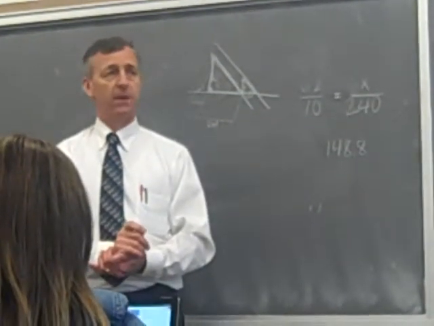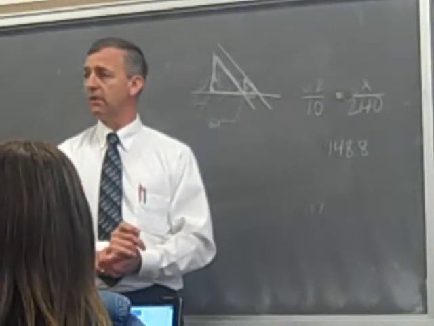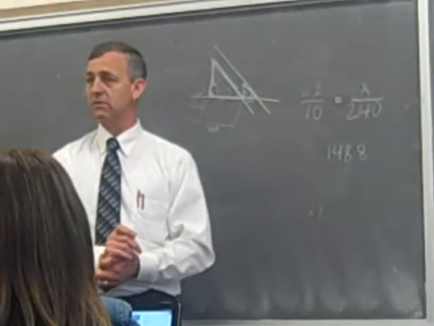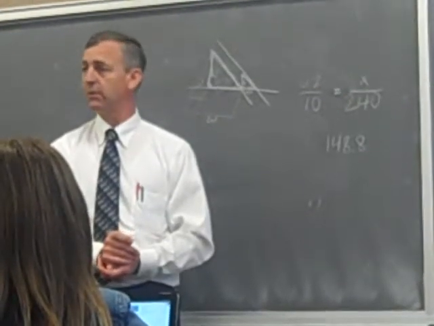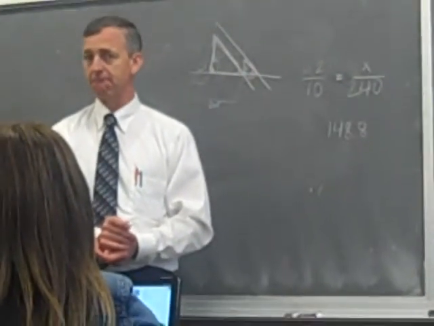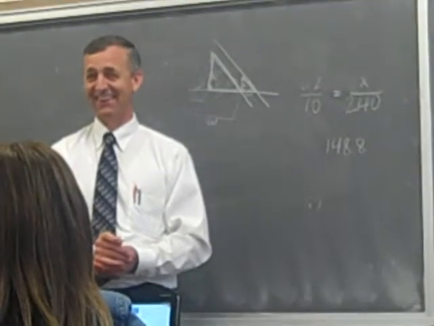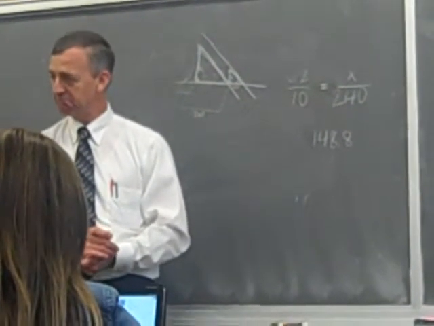The only way I'm going to let any of you use cross multiplication to solve is if you can explain to me why it works. So who can explain that? Shannon, try it.